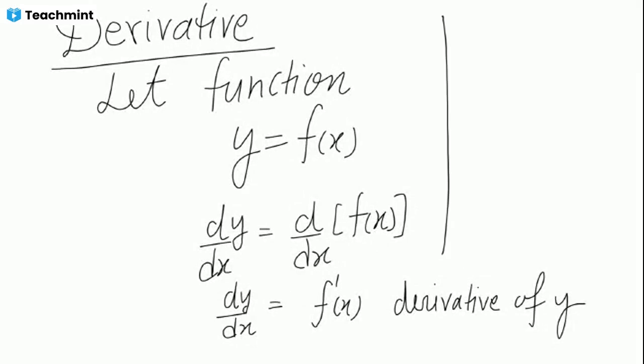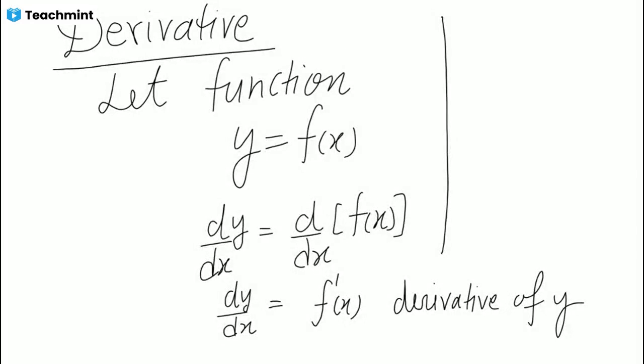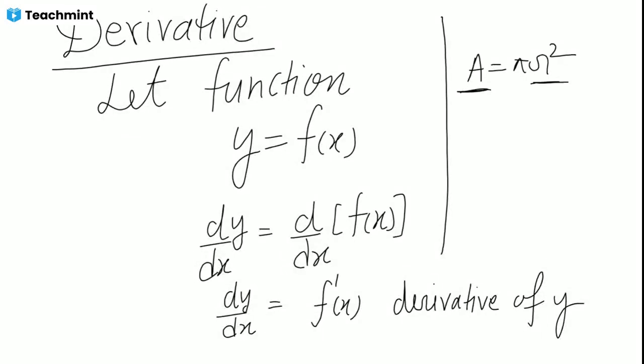Derivative means this dy over dx. Here y is a function of x. What does it mean? Like we have the area of a circle, pi r square. A depends on r, because whatever value of r we put, A depends on the value of r. So we can say A is a function of r because its value depends on r. Similarly, we can say y is a function of x because its value depends on x. Like f(x) is equal to x square.